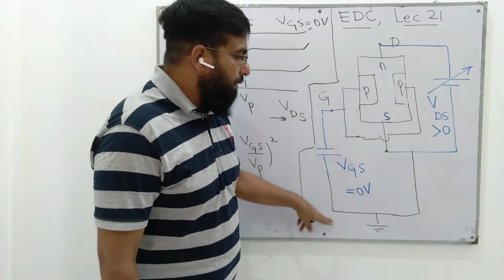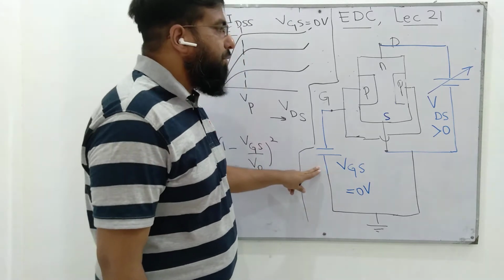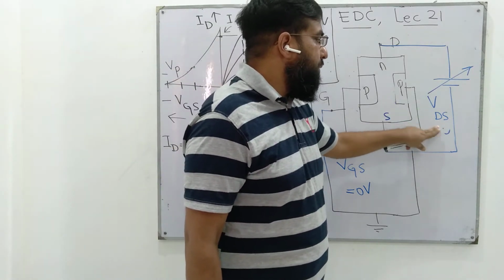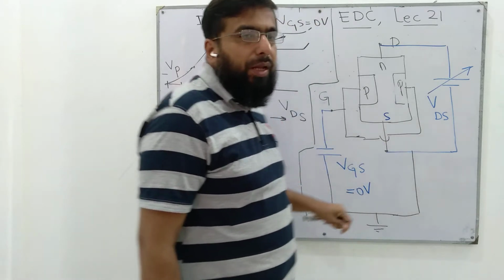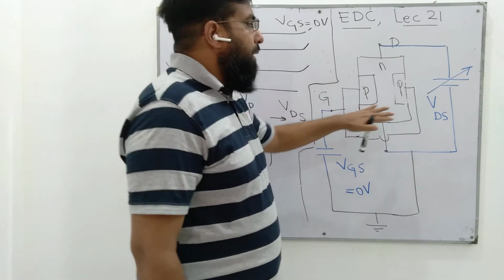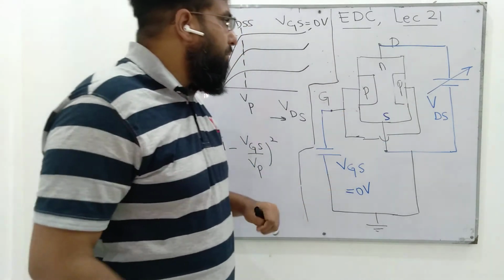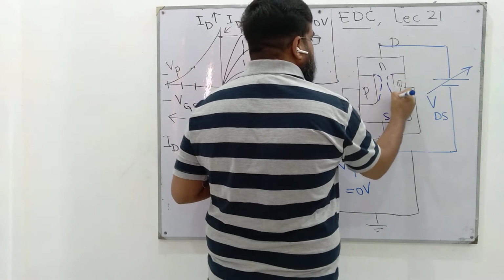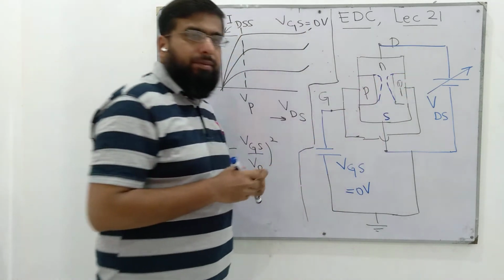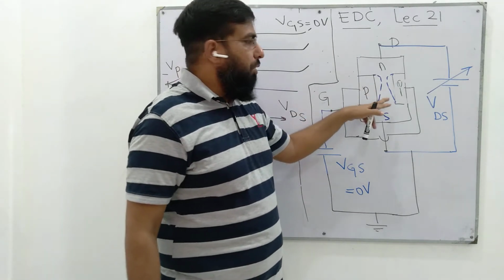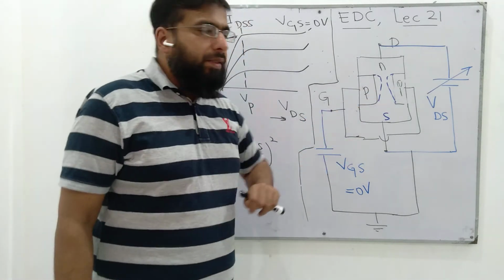The voltage of the gate with respect to the source is 0 volts, and we varied VDS from 0 to a maximum value. We studied that as we increase the magnitude of VDS, the amount of reverse bias increases, and we have a non-uniform distribution of the depletion layer.